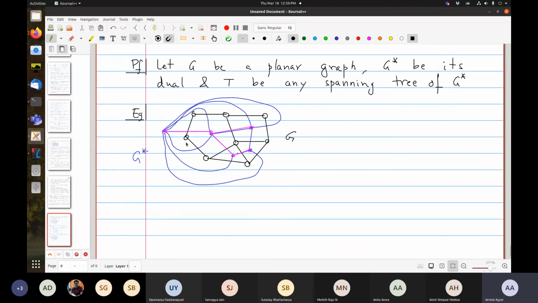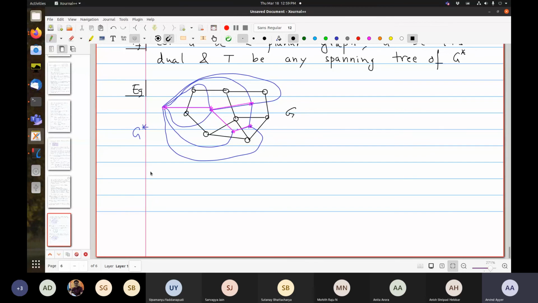All right. So now what we are going to do, starting with the leaves of T, so this is T. Oh, sorry.